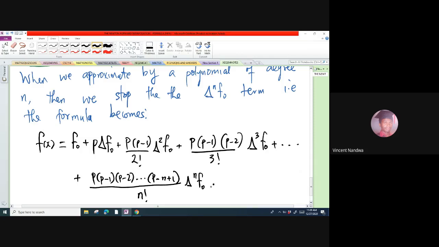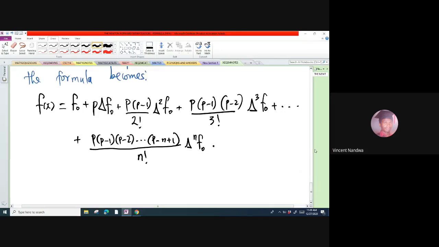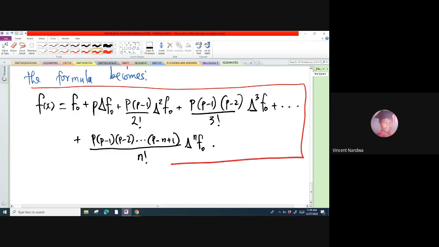So we stop here. So this becomes the formula that we use. If we are trying to approximate by a polynomial of degree n, we stop at the nth difference.